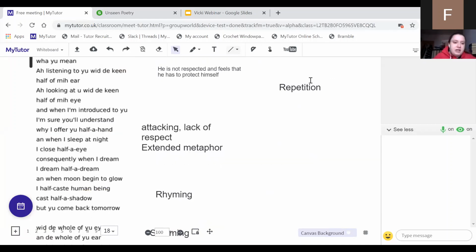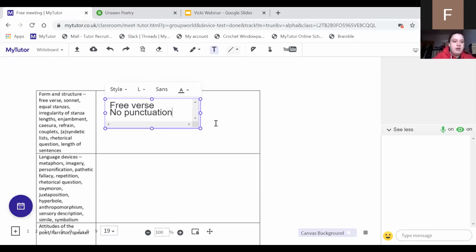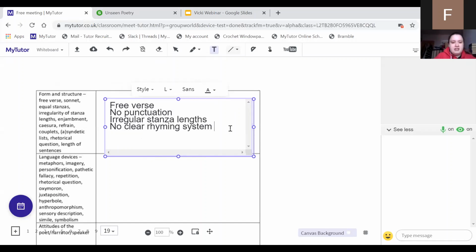Right, so in terms of our Flutters graph then, we've got free verse, we've got no punctuation, we've got irregular stanza lengths, no clear rhyming system, and we've also got an introduction and a conclusion going on, and some rhetorical questions.